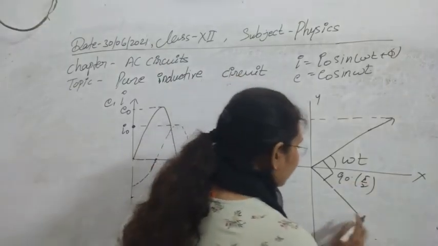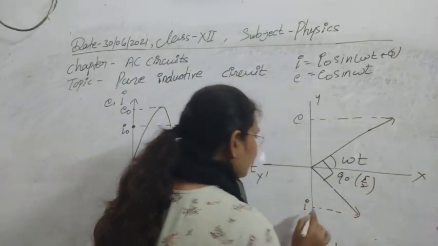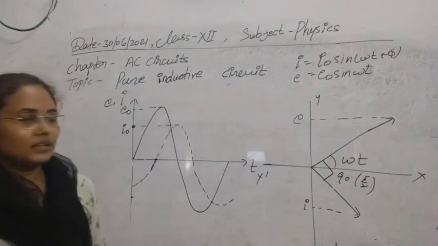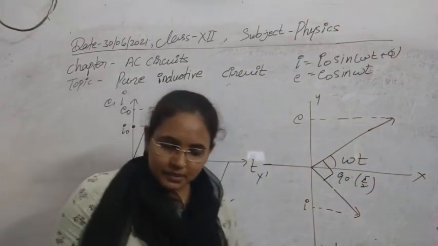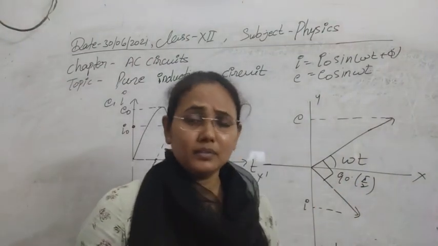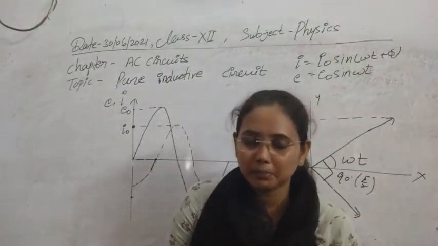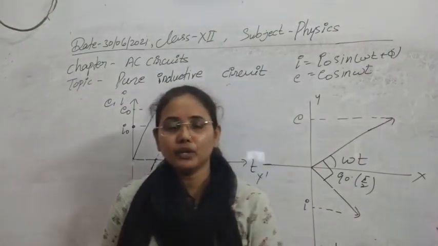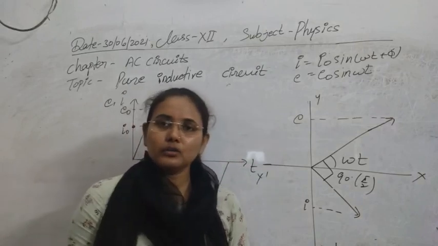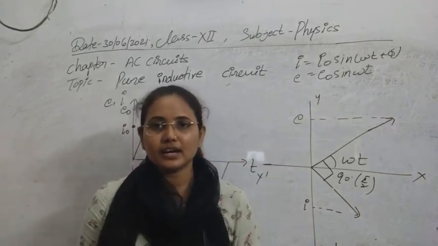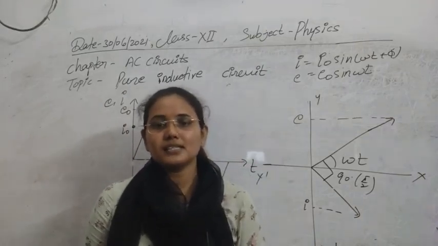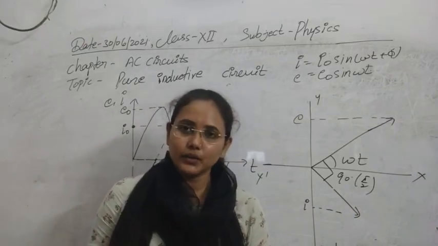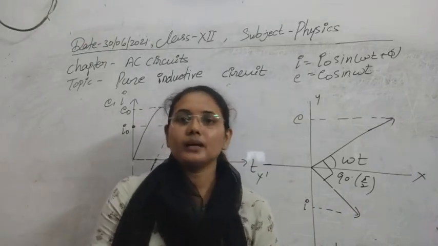This is the current I and this is the voltage. This phasor diagram helps us understand the phase relationship between current and voltage in any circuit, and according to that phase relationship we can understand the chances of power loss in any AC circuit, and we use some methods to overcome that power loss.